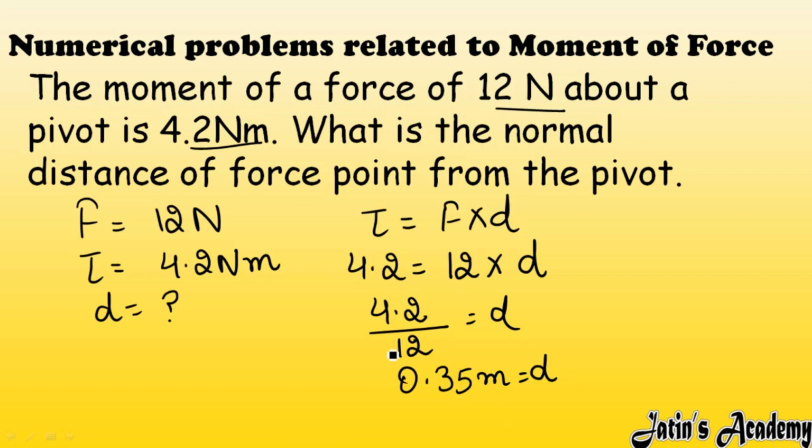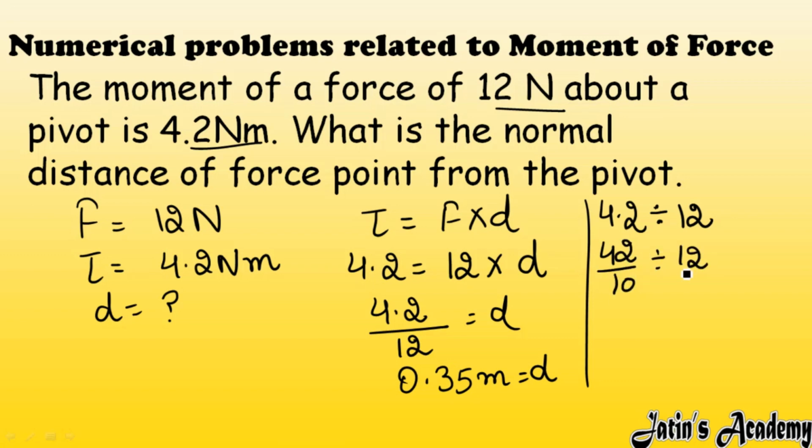You might know how to solve the math calculation. If you don't know, you can see here also. First of all, write 4.2 divide 12. The decimal 4.2 I am going to convert into fractional form, so it will be 42 by 10 divide 12. Then we convert divide into multiply, and the next term becomes its reciprocal.